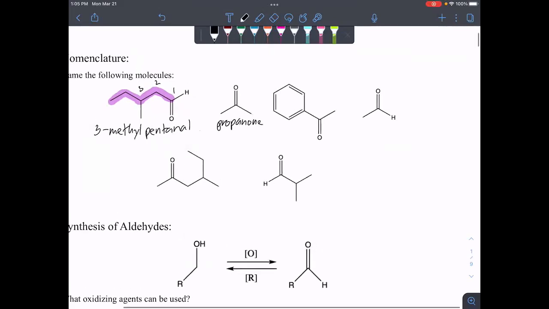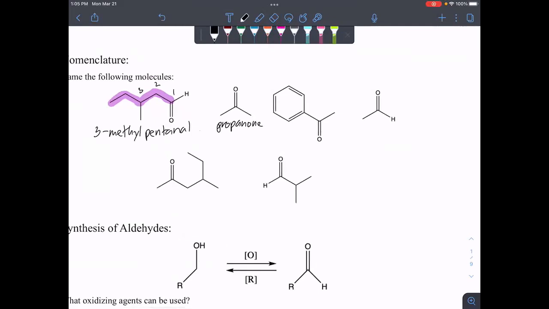Then for the third one, you could call it a few things like methyl phenyl ketone, or like benzyl ketone, whatever. But the common name is acetophenone. Yeah, everyone calls it the common name, not the IUPAC name like methyl phenyl ketone.